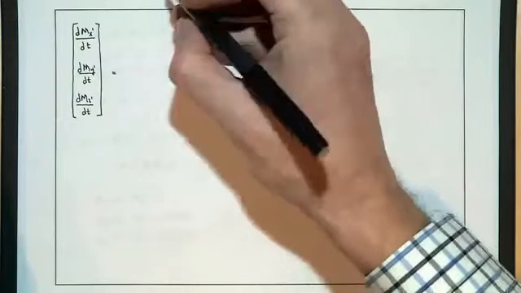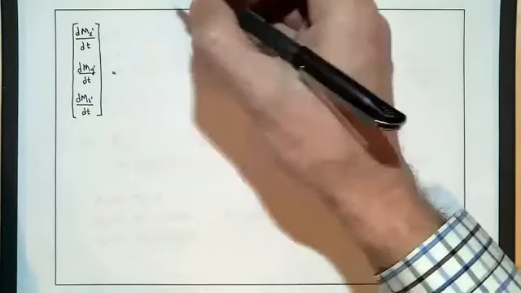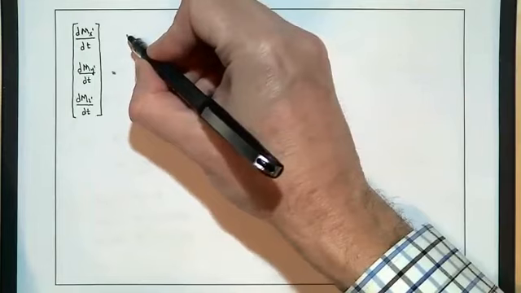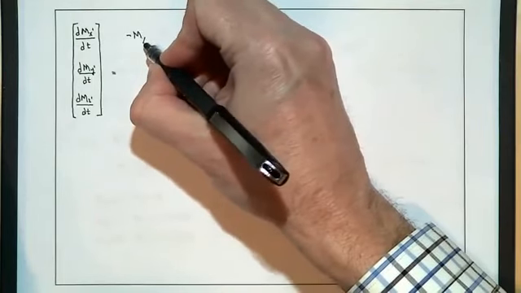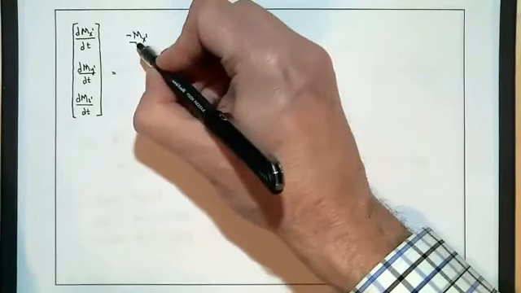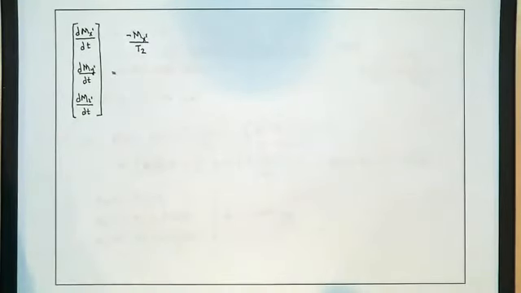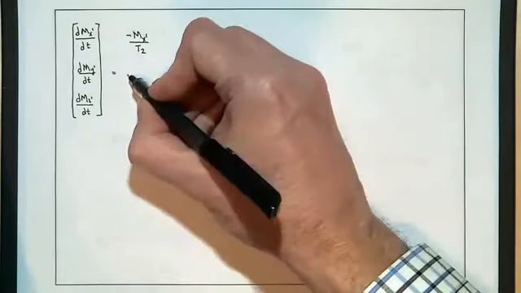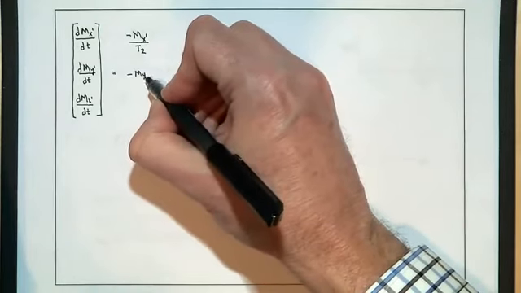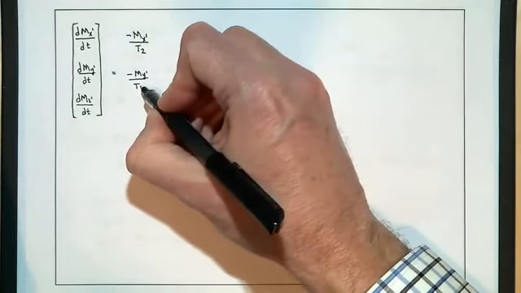And if we look at what components we actually had in that sort of longer expression, we had only one component along the i hat direction, and that looked like minus mx prime divided by T2. We only had one term along the j direction, and that looked like minus my prime by T2.